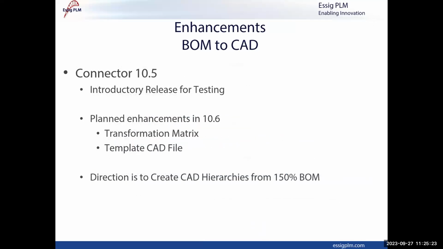You really want to have a CAD document associated to the part item. There's a whole topic of transformation matrices. These are things that we've already been actively working on, being able to reference template parts and having a connector resource setting. For this project, I want to use these templates. For this project, I want to use those, and how we're going to manage and where we're going to be saving the transformation matrix.